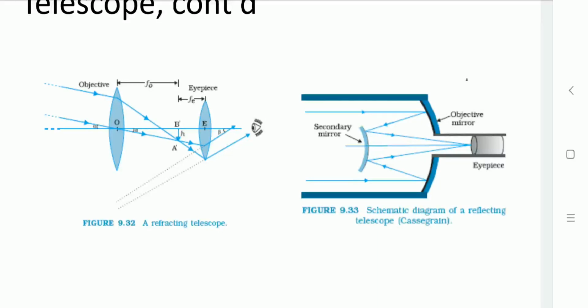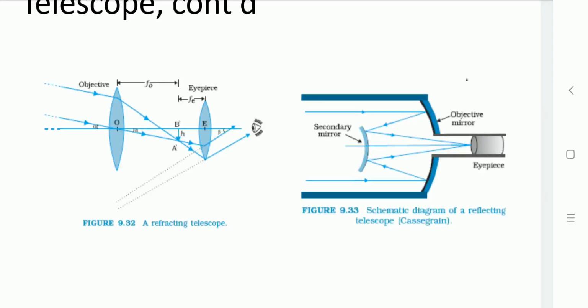A refractive telescope can be used for both terrestrial and astronomical observation. For example, consider a telescope having an objective focal length 100 cm and eyepiece focal length 1 cm. Then the magnification is 100 by 1, that is 100.